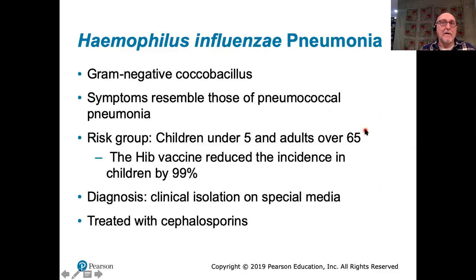As you get older, you develop strong immunity to Haemophilus. But in children, there is the Hib vaccine, Haemophilus influenzae B, and that refers to one of the toxins that it produces.